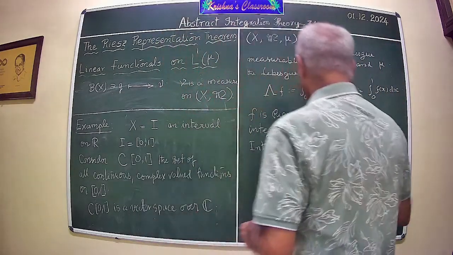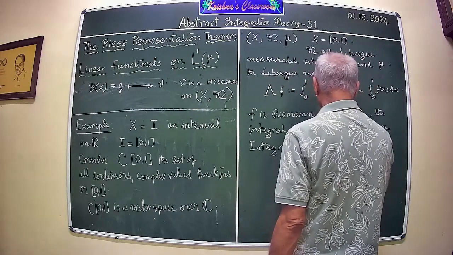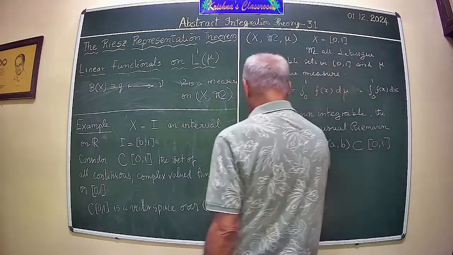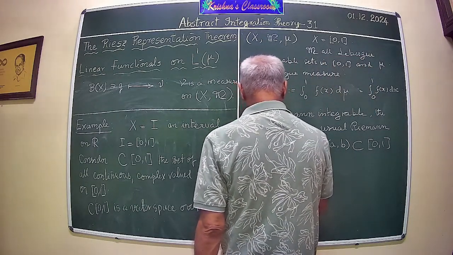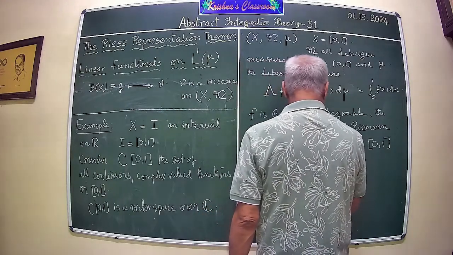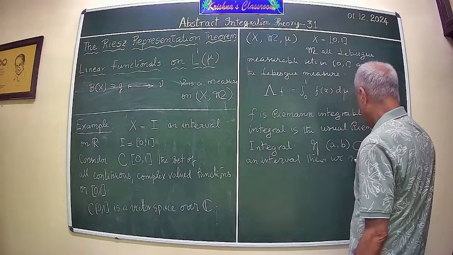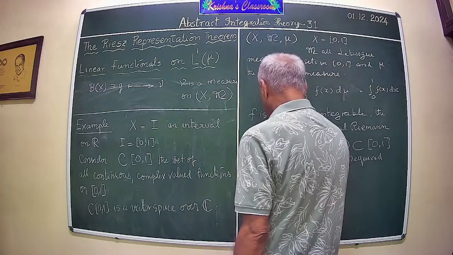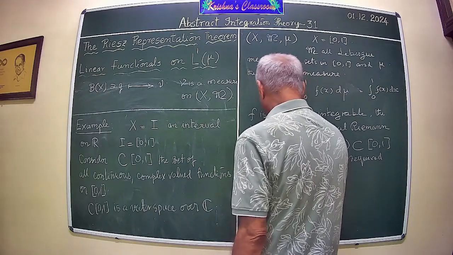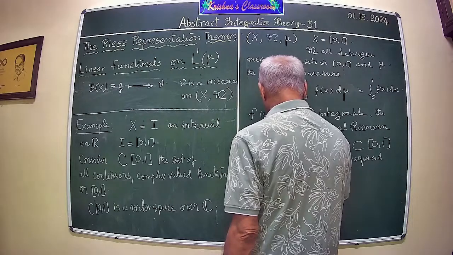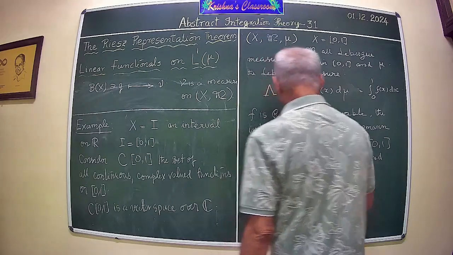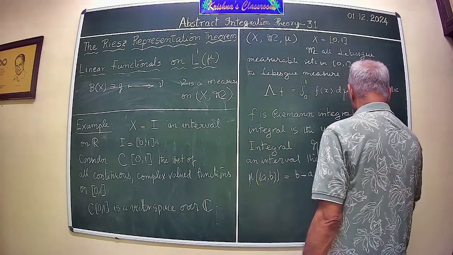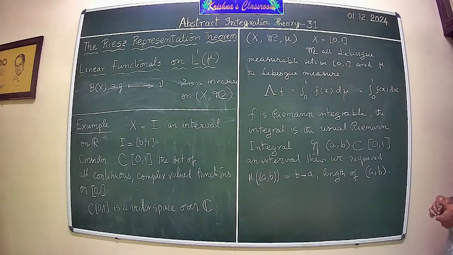That is, if AB is an interval, then we required the measure of it to be the length of the interval. This is what we are after.